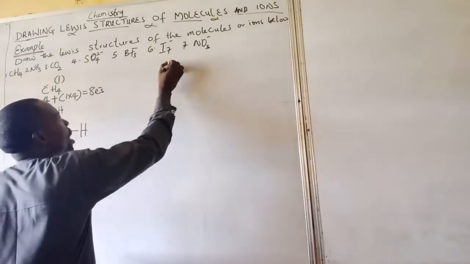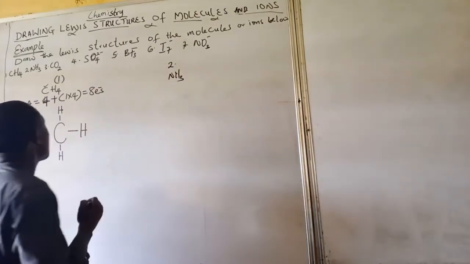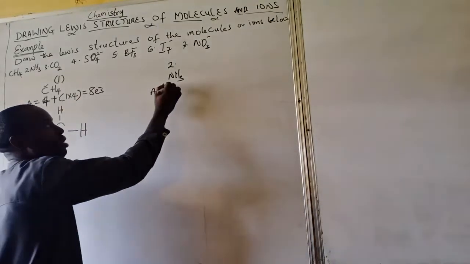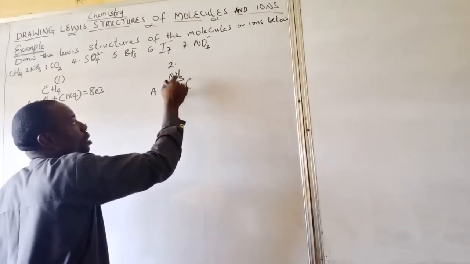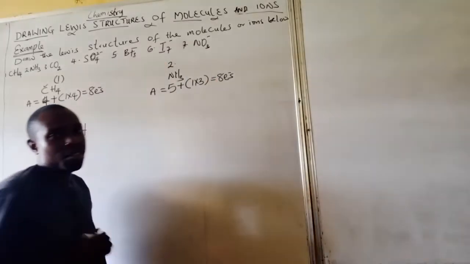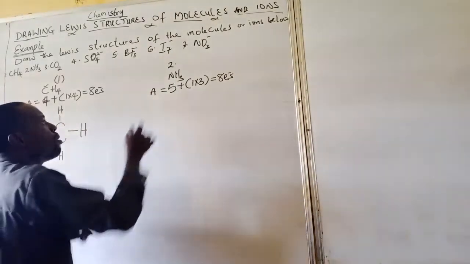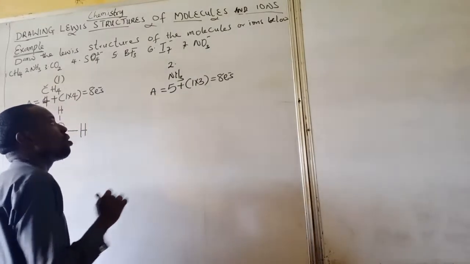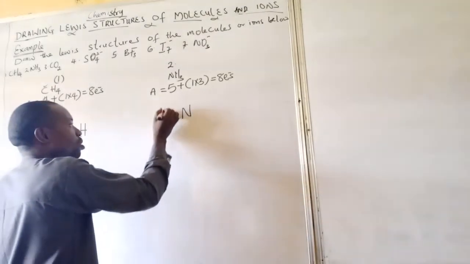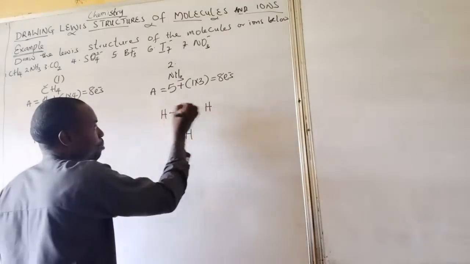Now for example 2, of course, ammonia. The magic number here is nitrogen is 5 plus hydrogen is 1 times 3, which will give me 8 electrons. Is that clear? Now we bring out nitrogen, which is the central atom, then hydrogen here, hydrogen here, hydrogen here, then a pair.